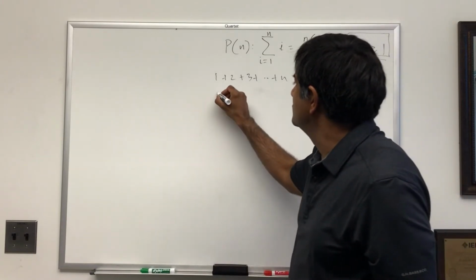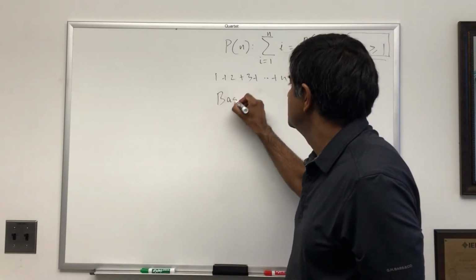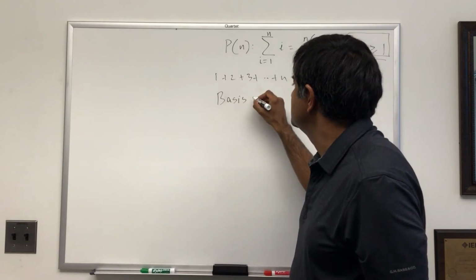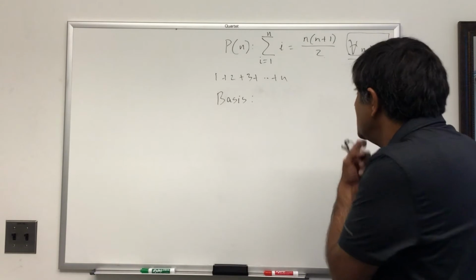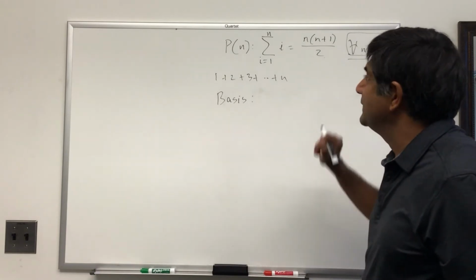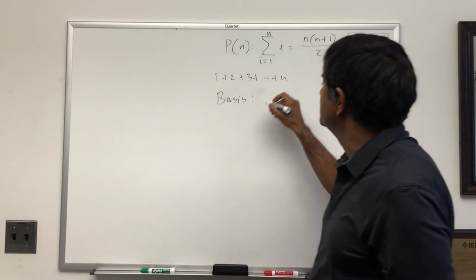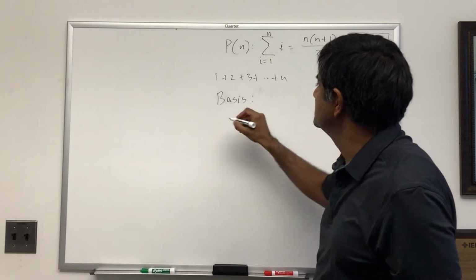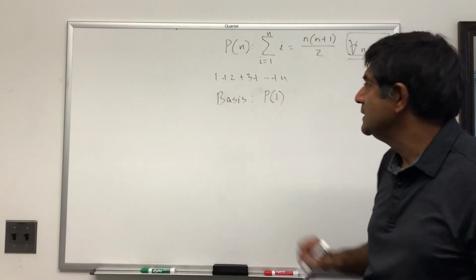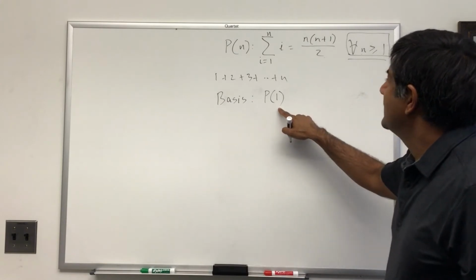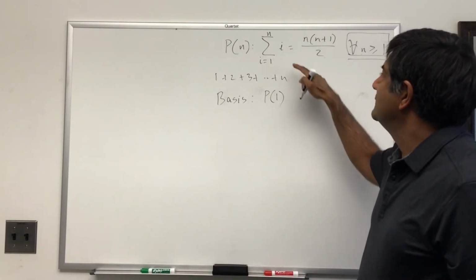The first thing you would do here is consider the basis scenario where n is equal to 1. So we prove that this is true for n equal to 1. In other words, what we're doing here is proving P1. Okay? And so to do that, I plug n equal to 1 on the left-hand side.